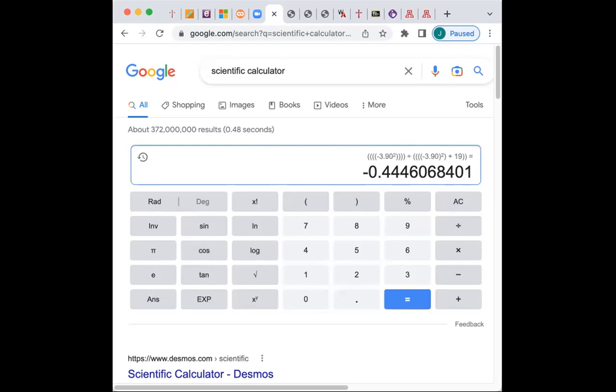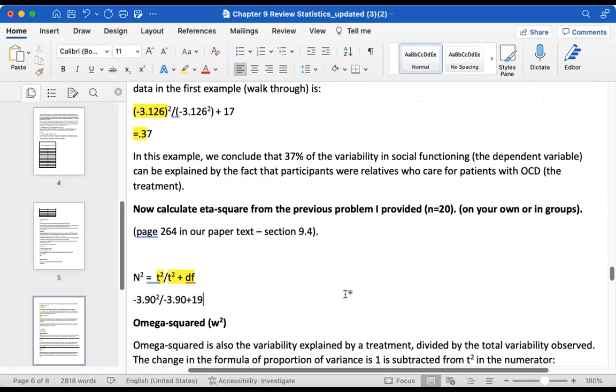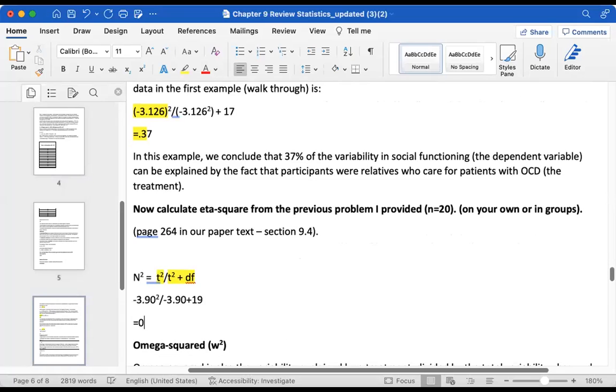Do you all see what I did? Yeah, the second one squared, because degrees of freedom is 20. So if we go back to our worksheet, this would equal 0.44. I'm still doing the math.